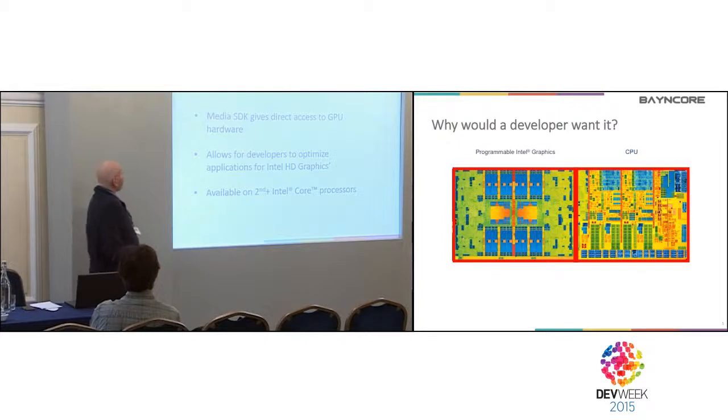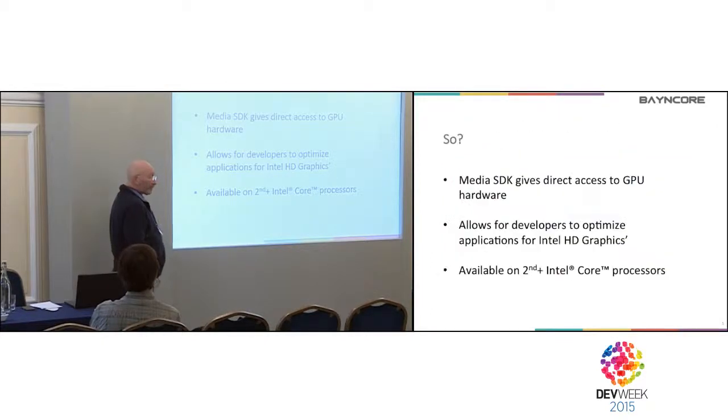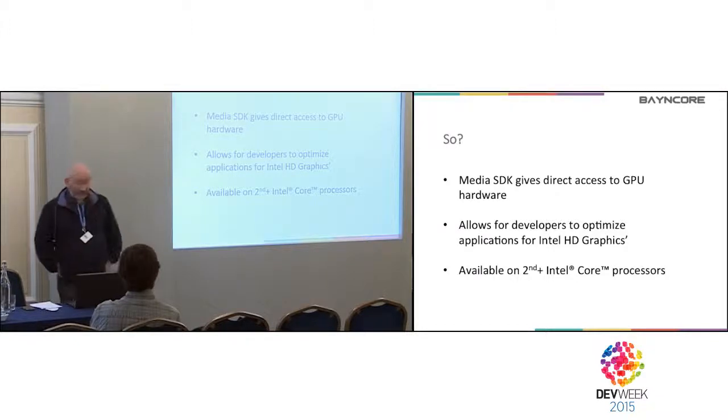So as I say, the Media SDK gives you direct access to the GPU. It allows developers to optimize for high definition standards, and I thought it was only available on the fourth plus generation Intel Core processors, but apparently it's on the second and third generation Core processors.